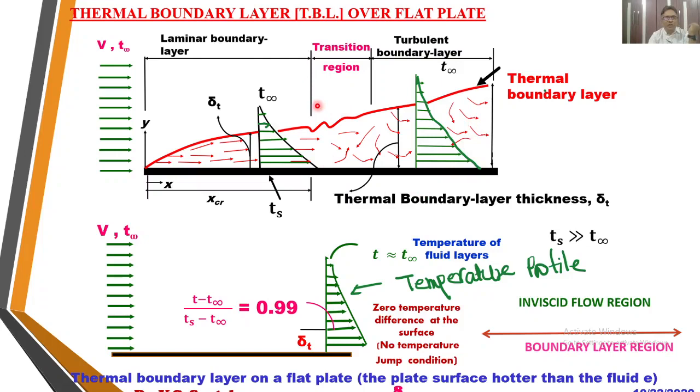For Reynolds number up to 5 into 10 to power 5, it will be laminar region. From 5 into 10 to power 5 to 10 to power 6, it will be in transition range, and above 10 to power 6 the flow will be in turbulent boundary layer region.